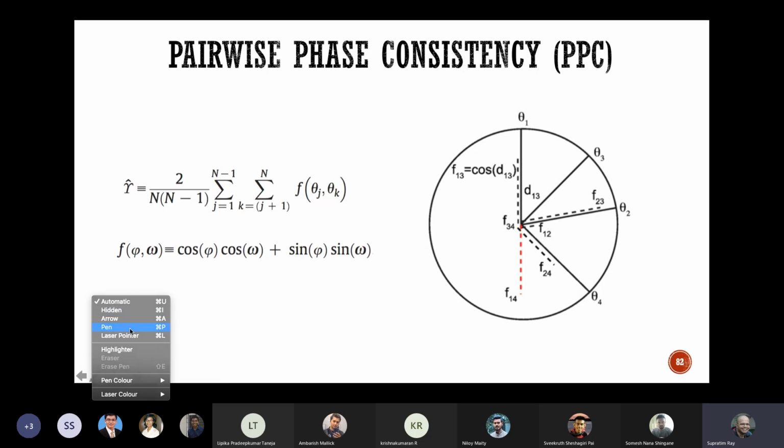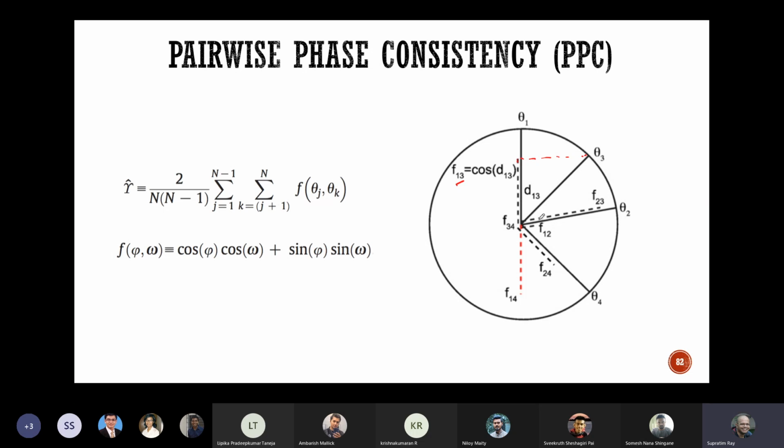So now I've got 6 pairs, 4 choose 2. So between theta 1 and theta 3, the dot product, or the cosine of this, is just this dotted line. It's the projection of theta 3 on theta 1. This line. Dot product between, so that's F13.